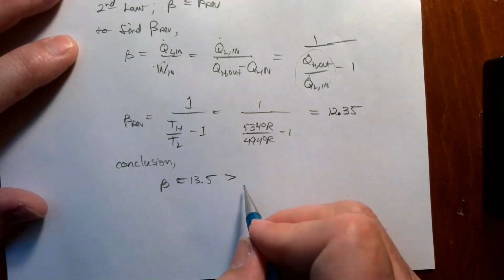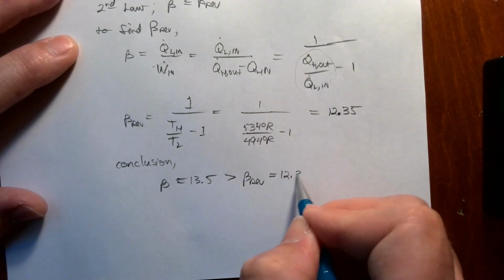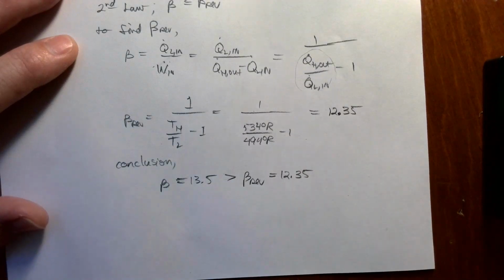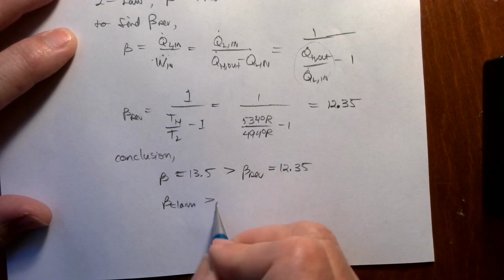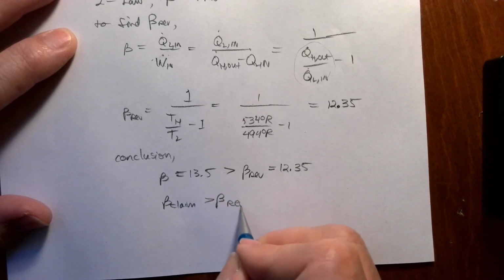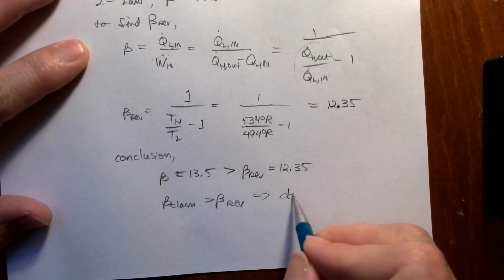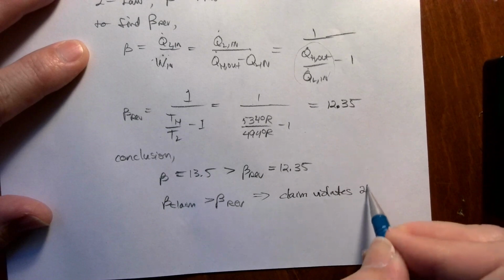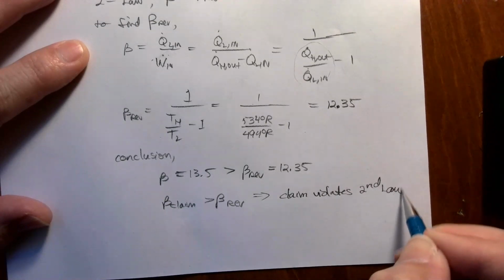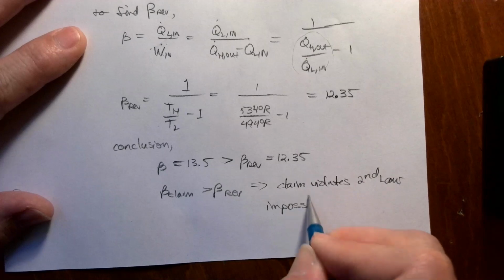That's actually greater than the beta reversible that we just came up with, which is 12.35. Alright, so the beta claim greater than beta reversible is impossible. This claim violates the second law. This is an impossible device.